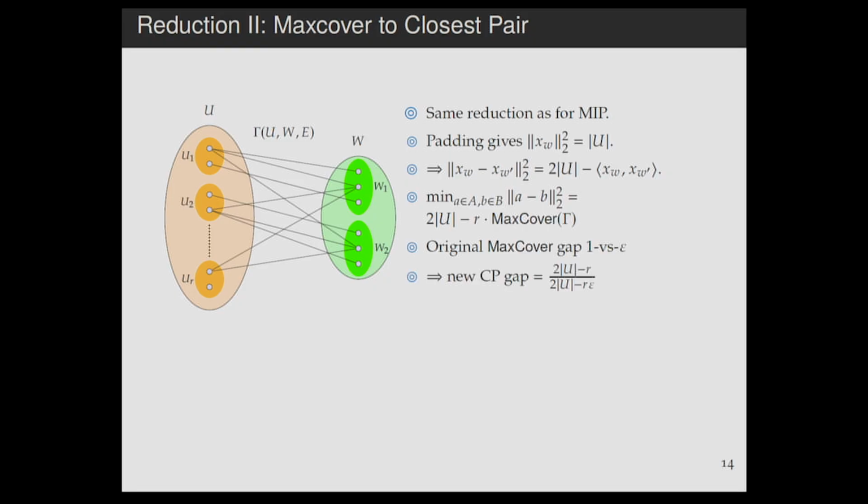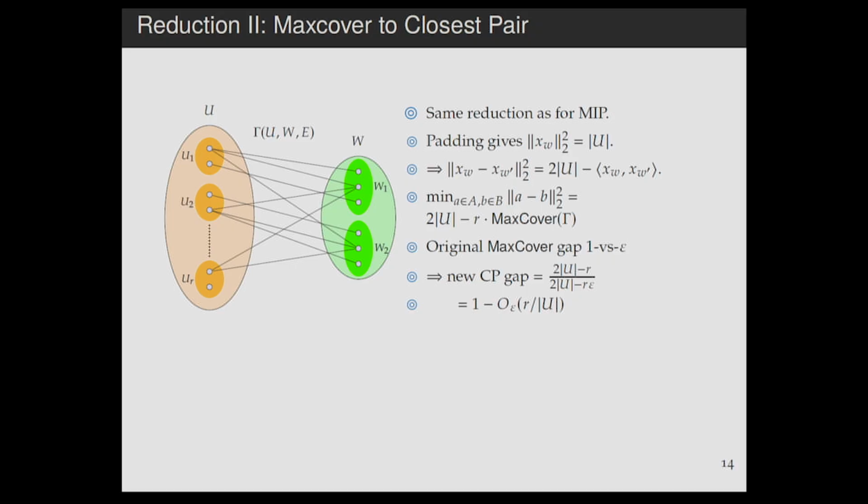So now what happened in the closest pair problem? In the yes case, the optimum will be 2 times u minus r, where u is the total number of vertices on the left. In the no case, instead of minus r, it will be minus r times epsilon. So if you look at this, the ratio will be roughly 1 minus some dependency on epsilon times r over u.